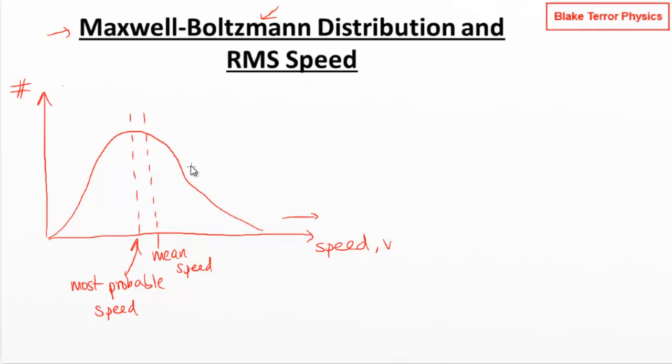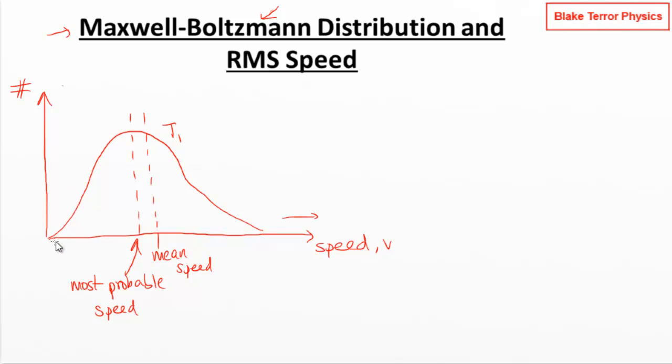Now, of course, this distribution is going to depend upon the temperature. So that's going to be at some temperature, say T1. If you increase the temperature, because we know that the temperature is related to the mean kinetic energy, that's what it's measuring. So if you've got a higher temperature, you've got a higher mean kinetic energy, which means you've got a higher mean speed.